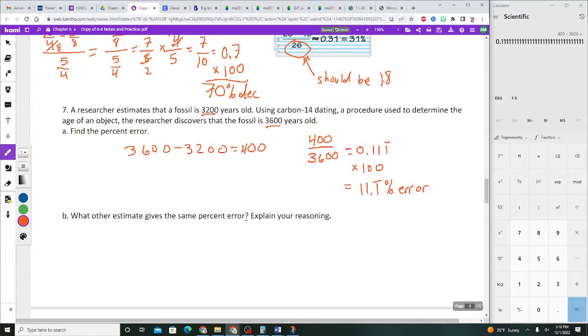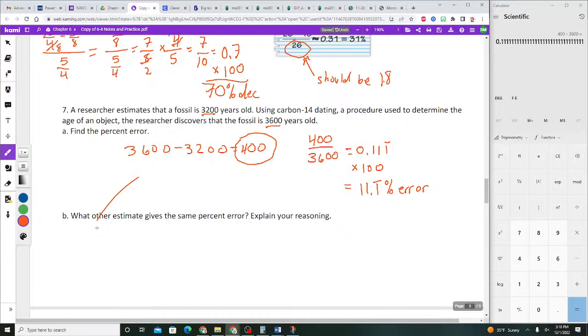Now, what estimate gives the same percent error? Well, we got this 400 from being short that many years. So we could just add 400 to 3,600.